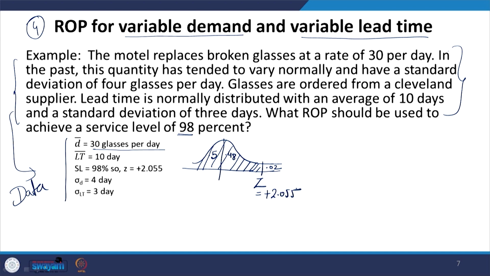So, that is the service level we have expected. Now, the standard deviation in the demand is given as 4 glasses per day, and lead time standard deviation is 3 days.